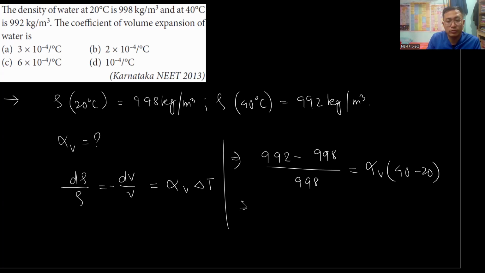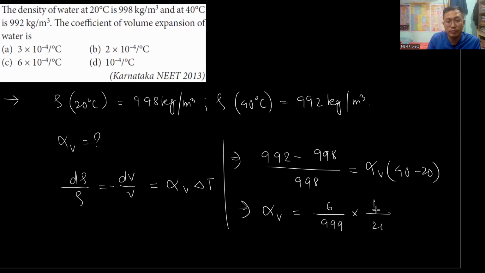Alpha V is therefore 6 by 998 into 40 minus 20, that is 20.